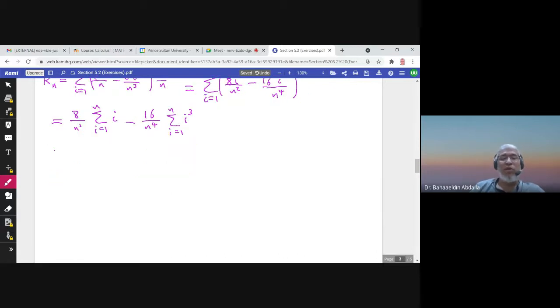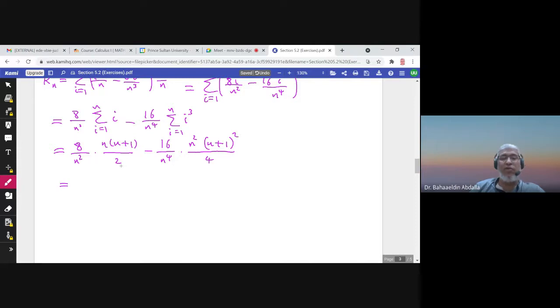Now this is equal to 8 over n squared. Summation of i, I have a formula for it. And summation of i cubed, I also have a formula for it. It is the square of this. It is n squared times n plus 1 squared over 4.